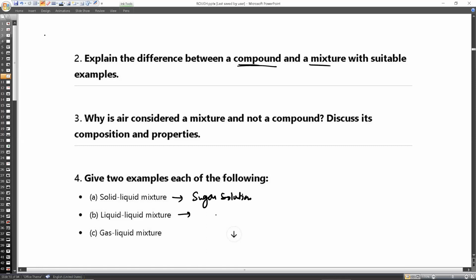Liquid mixtures: there are so many, ethanol and water, or HCl. Gas and liquid: water vapor. Yes, gas and liquid, you can say water vapor, or fog.